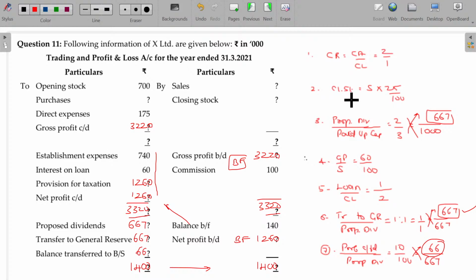And we have been given the GP ratio here. GP ratio being 60%, where GP is 3,220, and you can find out the sales here: 5,367.